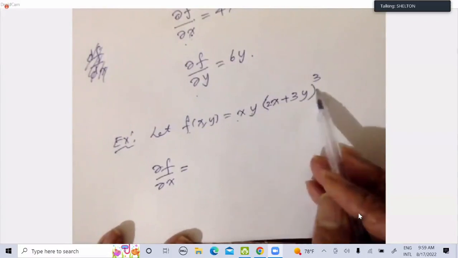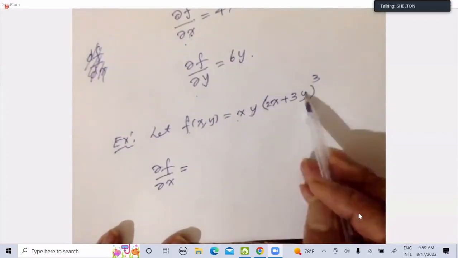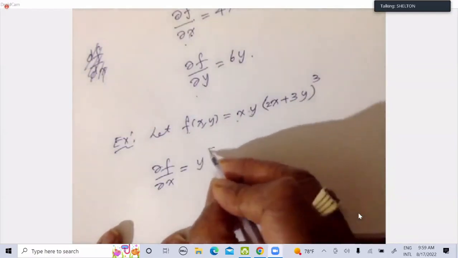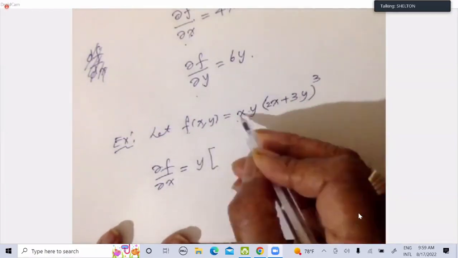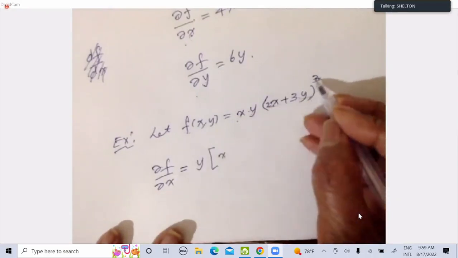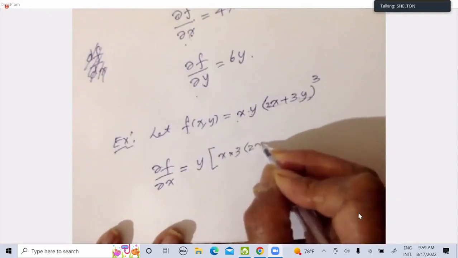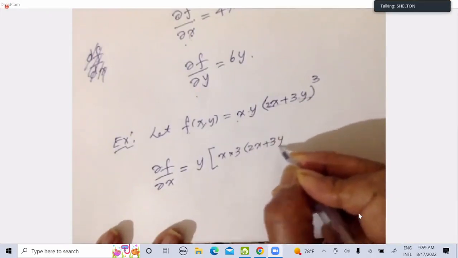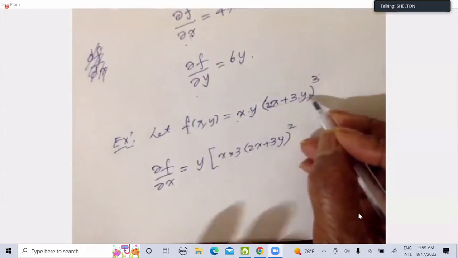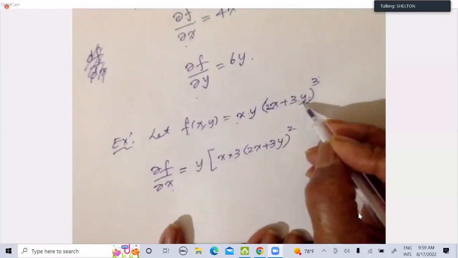X times this, with y constant, so you have to use the product rule. Y is a constant, so we keep y outside. X times the derivative of this: the derivative of the cube is power rule, 3 times (2x plus 3y) squared, times the derivative of the function inside with respect to x, which is 2, with y a constant.